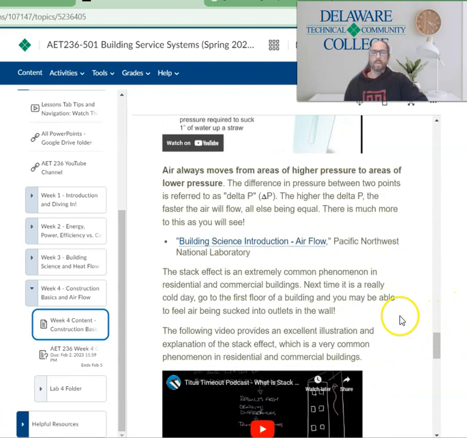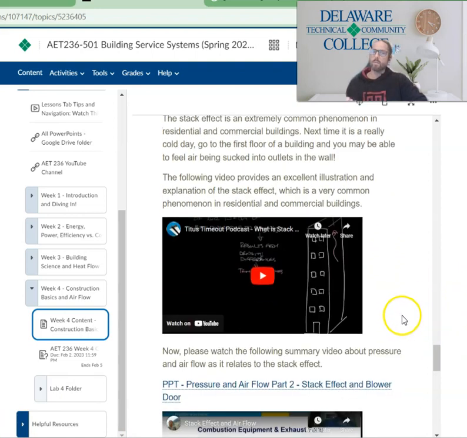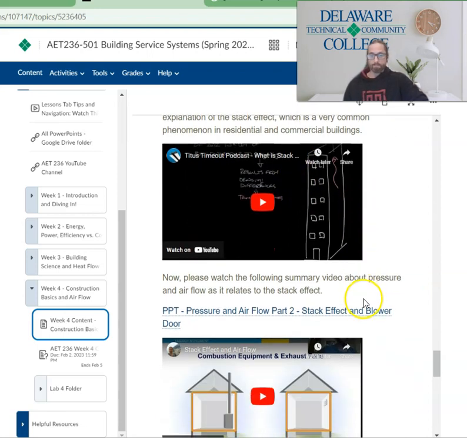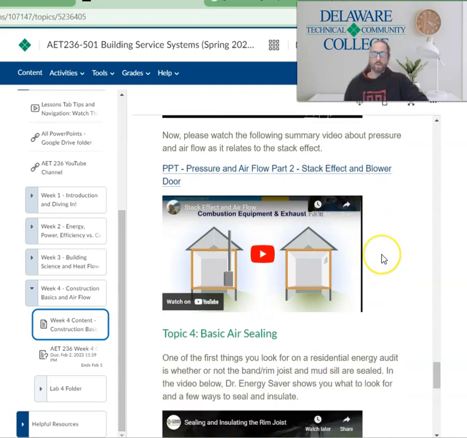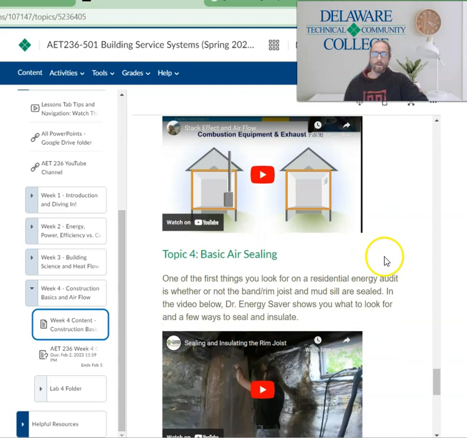And then we'll get into some of the common phenomena that cause delta Ps throughout a building, which then causes air to move. The stack effect is a really important one. That's kind of the main one. But in general, it's important that you understand how air moves around a house and a building.